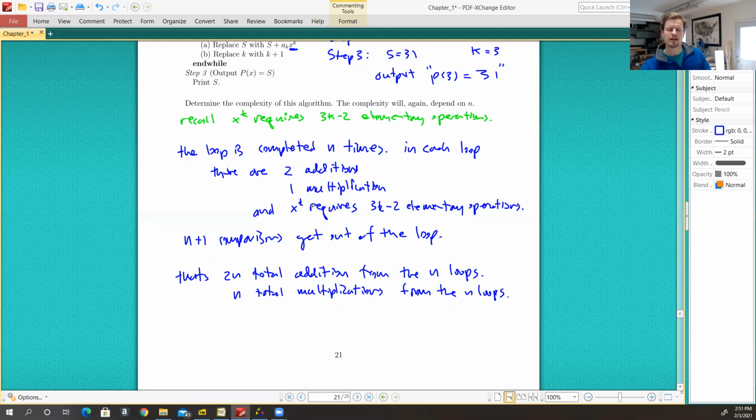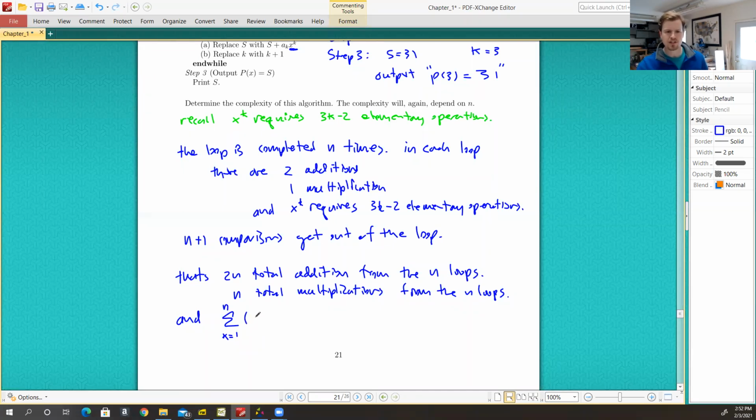And then we also have 3k minus 2 elementary operations. And so I would have to add, right? I can't just say that I have n times that, because k takes on different values. So for k equal to 1, from 1 to n, because I run through the loop with k equal to 1, I run through the loop with k equal to 2, I run through the loop all the way up through k equal to n.